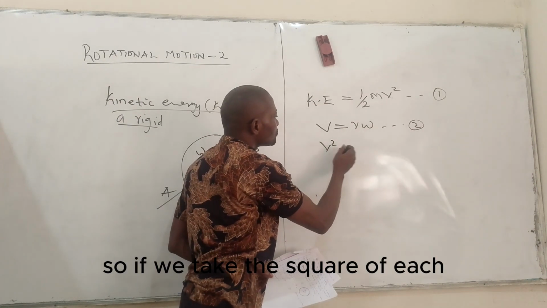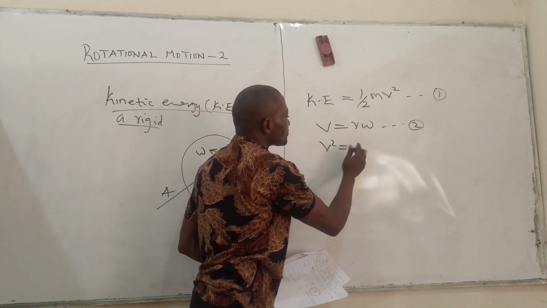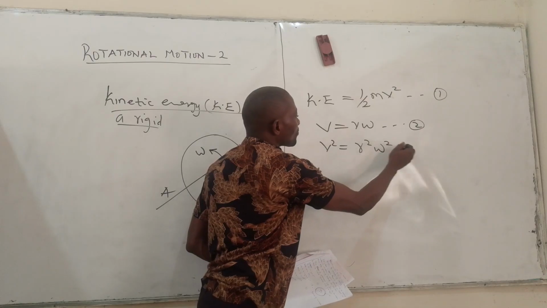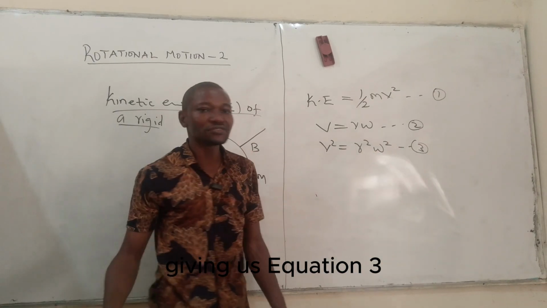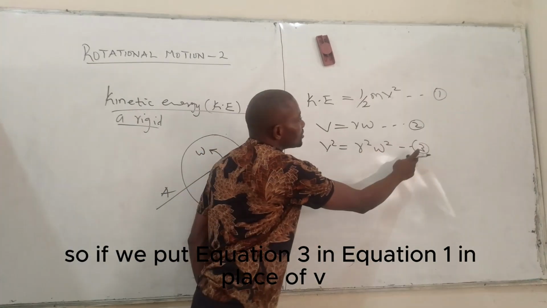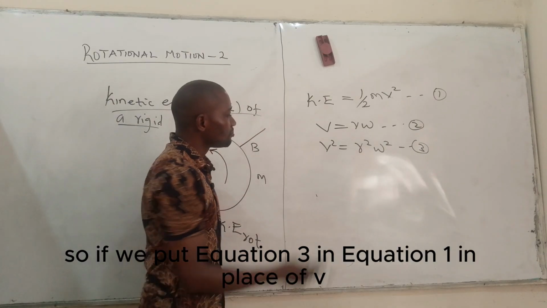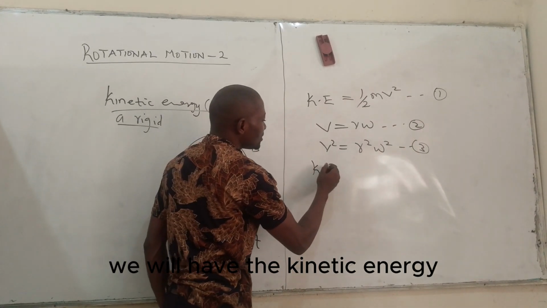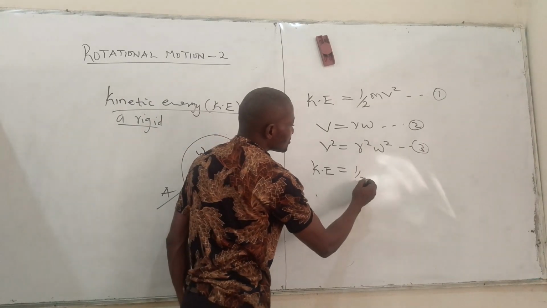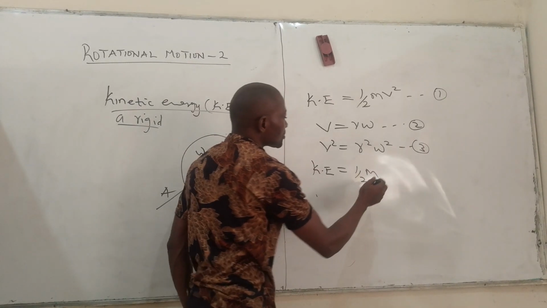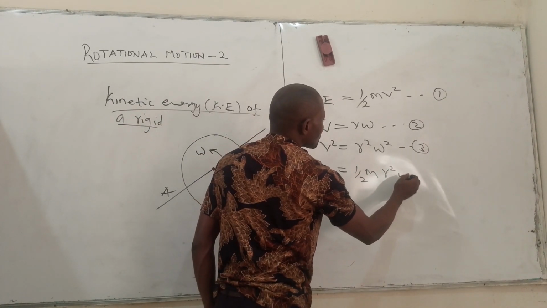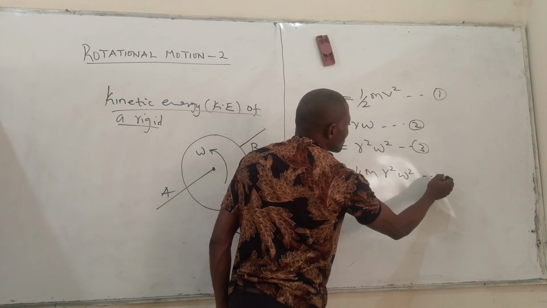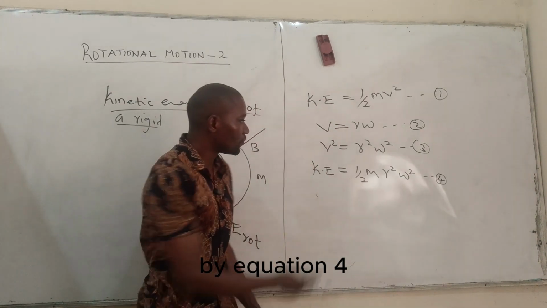If we take the square of it, we get equation 3. So if we put equation 3 in equation 1 in place of v, we will have that the kinetic energy is given by equation 4.